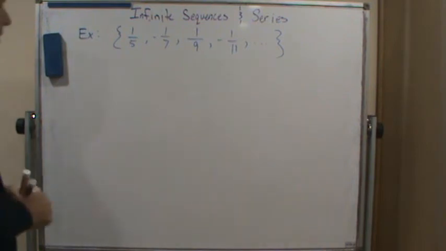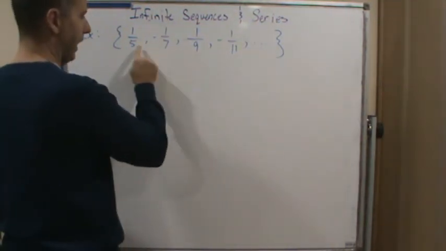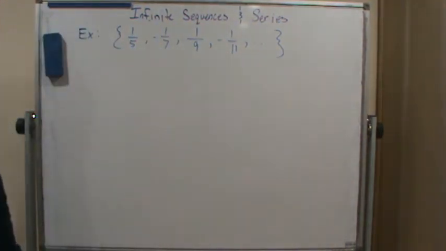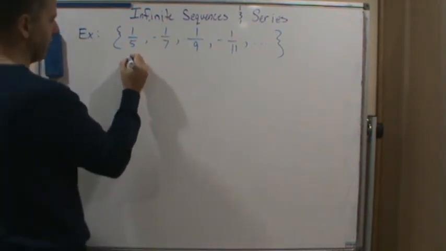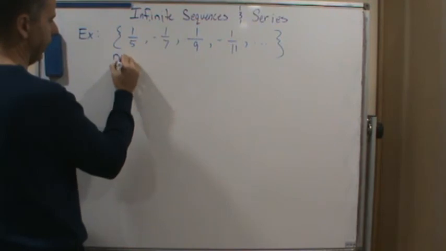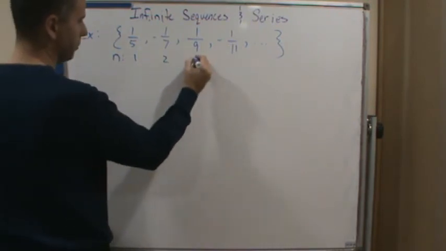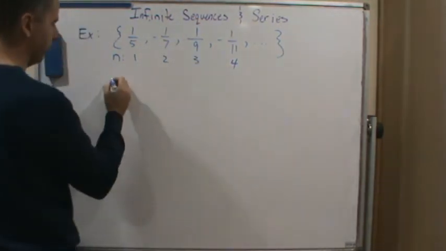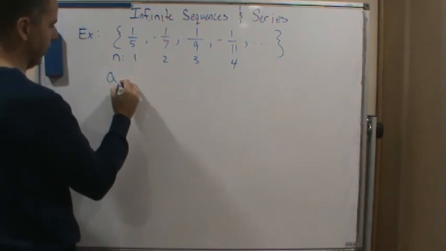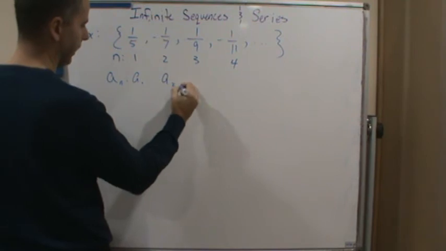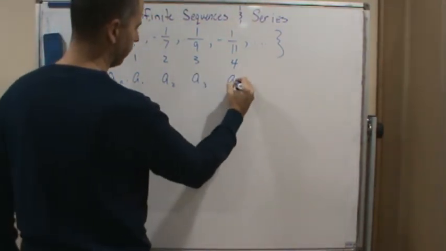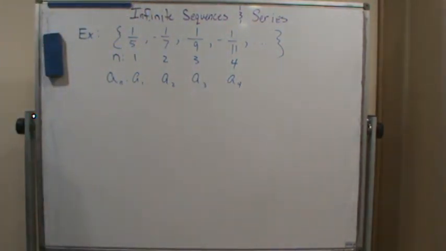And so again, notice that we have alternating signs. Now, if this is for n, 1, 2, 3, 4, and we have a sub n, right? So we have a sub 1, a sub 2, a sub 3, a sub 4. So what's going on here?